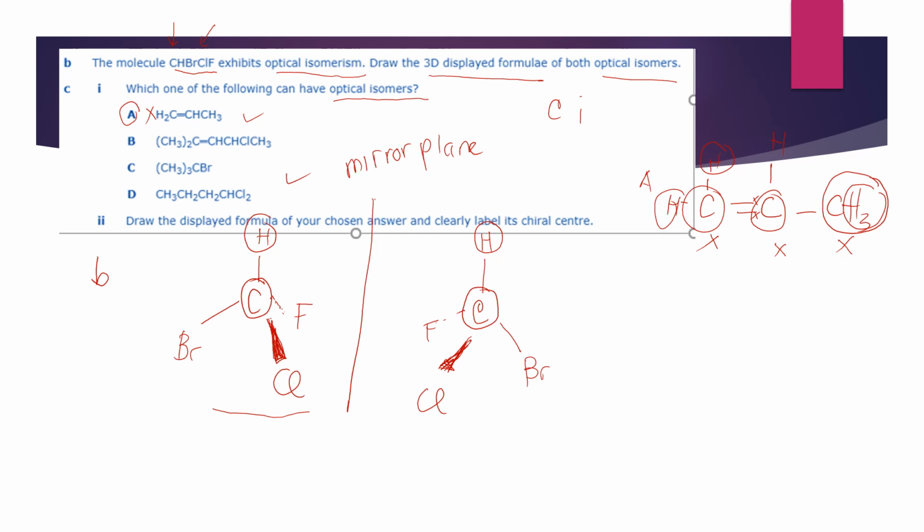For number B, here I don't want to display the methyl because this is absolutely not chiral, because attached to the same hydrogen atoms. So the CH3, I write as CH3.